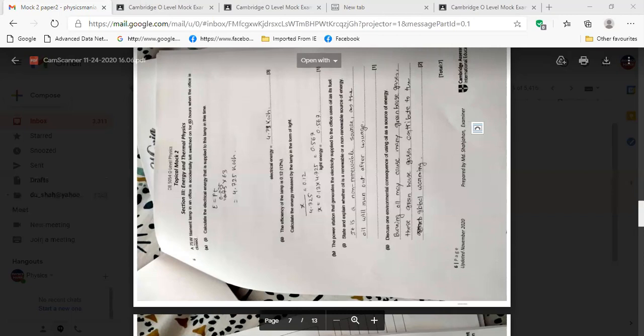In these cases, we use the kilowatt hour, right, sir? Like from the electrical chapter. Yeah, in the mark scheme they mentioned joules, but if you write this way, we accept it. No problems.